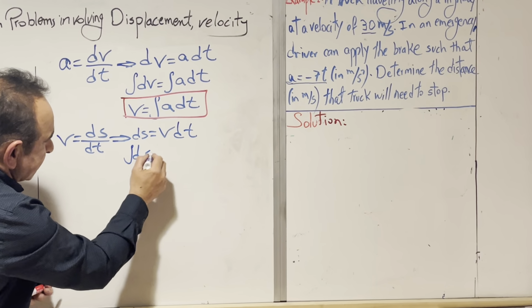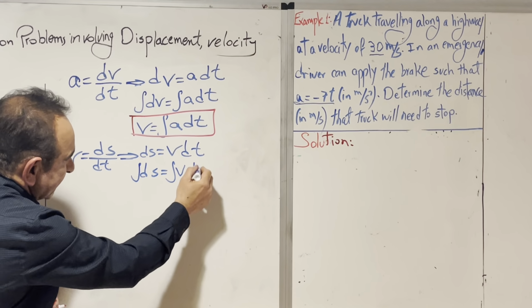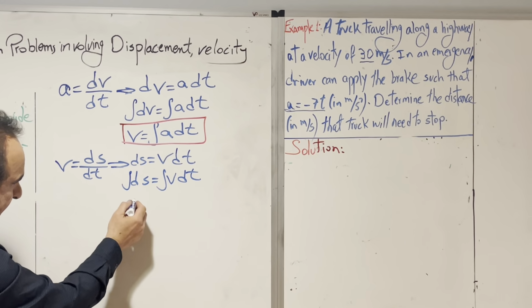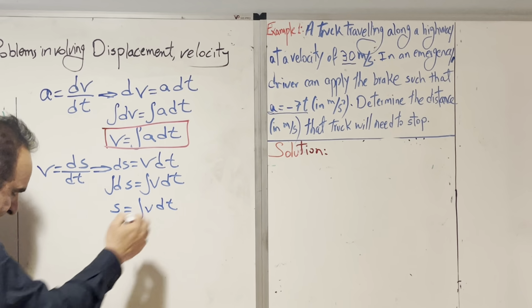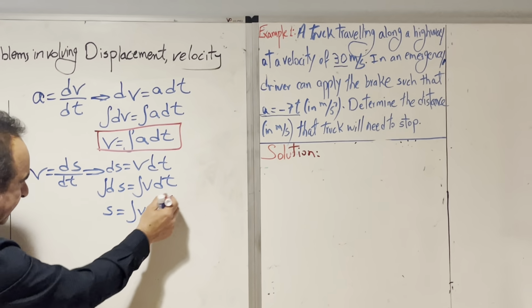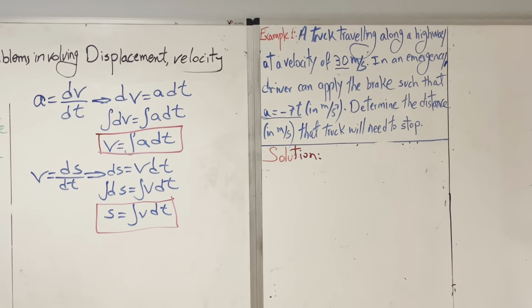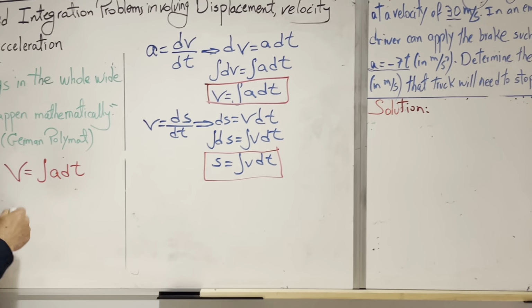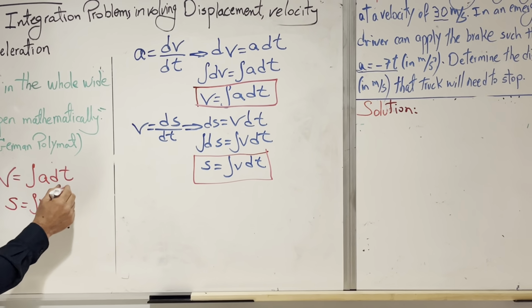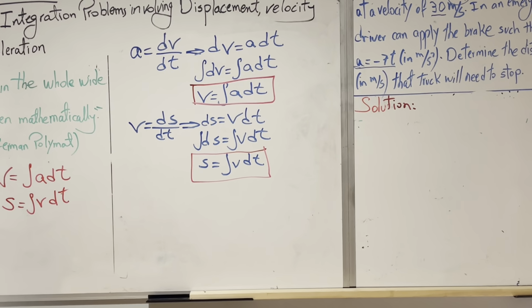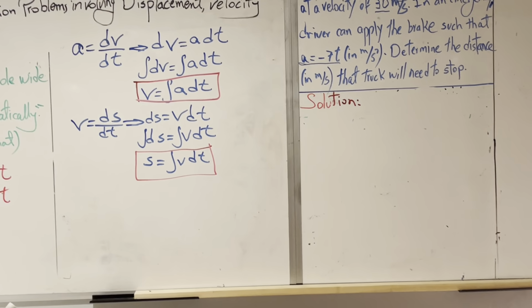Integral ds is equal to integral v dt, and finally s is equal to integral v dt. Okay, we have the second equation. We place it here. S is equal to integral v dt. Okay, we have these two equations.